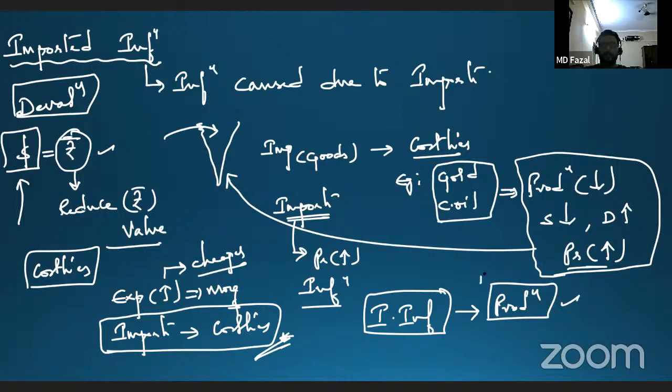Second point, if you devaluate your currency, obviously this devaluation of your currency will make a certain impact. That is, it will reduce the value of your domestic currency and your exports will become cheaper and your imports will again become costlier. Due to the value of these imported goods going very high, this will actually create imported inflation.